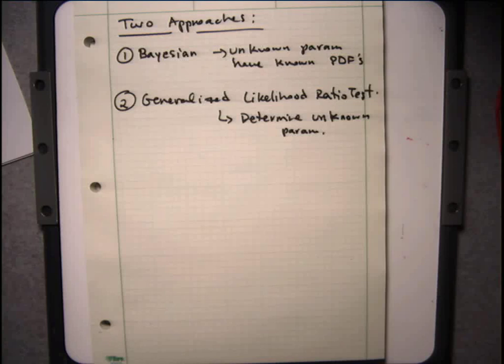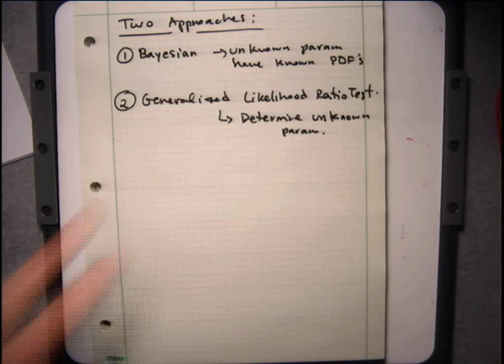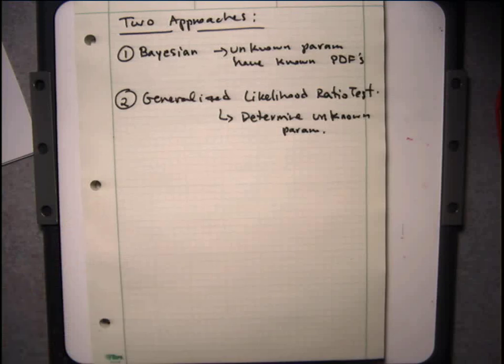But nobody has been able to prove a general result that says GLRT is a good thing to do in every situation, in the way that we can prove for the Neyman-Pearson result. Neyman-Pearson is airtight. It says if you do this, you maximize the probability of detection for a fixed false alarm rate. When you do GLRT, you cannot prove a general result like that anymore.